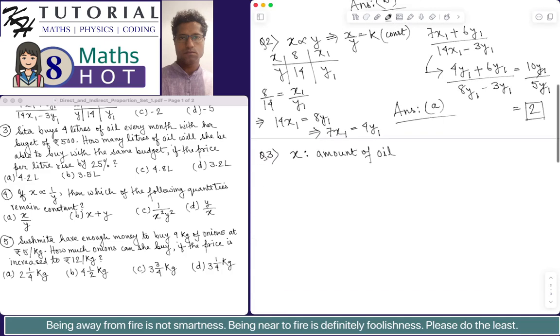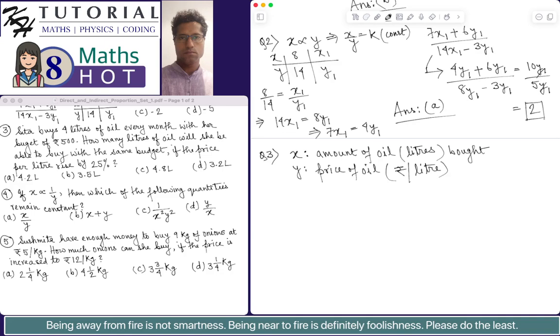So now in this problem number 3, X is the amount of oil, in liters let's say, purchased or bought, and Y is the price of oil, that is rupees per liter.